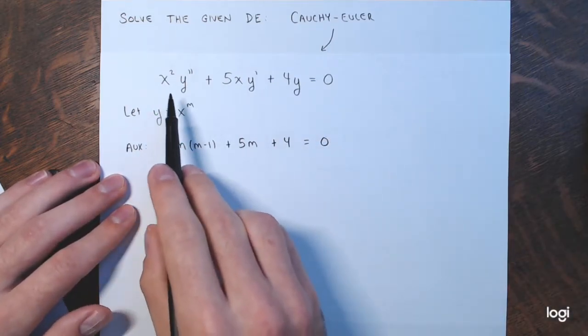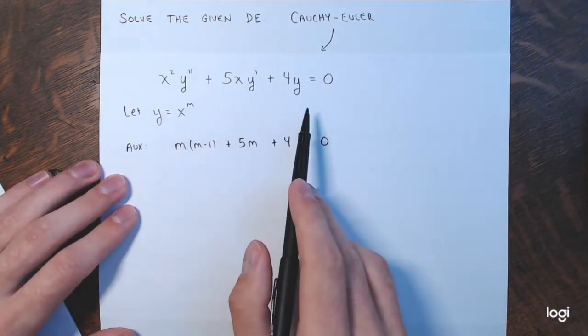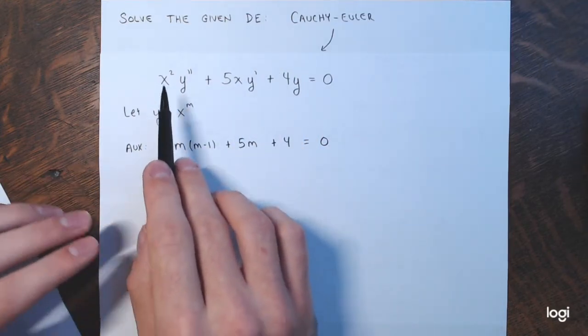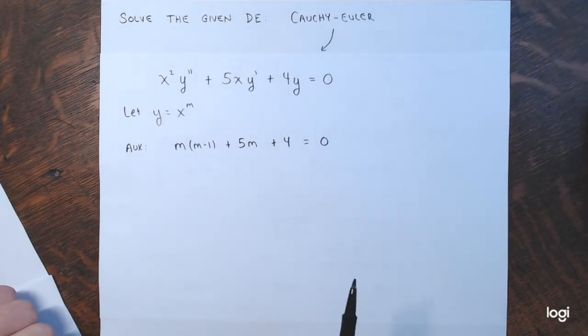Because when I substitute y prime and y double prime into this, every single term would have x to the mth or y in common, and we're going to ignore y equals 0 because y equals 0 is a solution all the time.